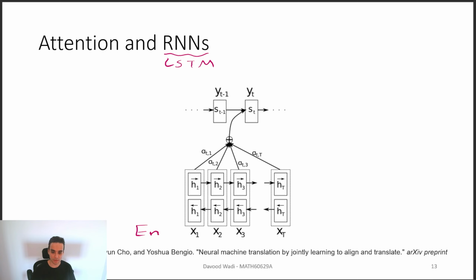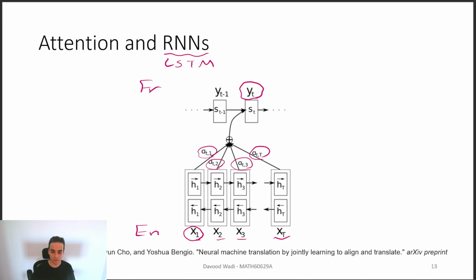So if we want to translate a piece of text from English to French, for each word Yt that we want to predict and translate, the authors said we can create vectors called A's, or attentions, that will determine how much the model should pay attention to X1, the first word in the input, 2, 3, all the way to XT.